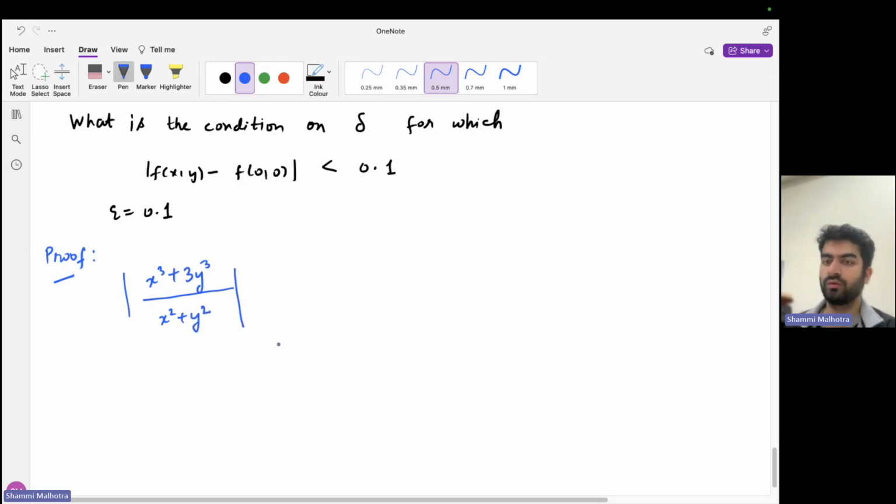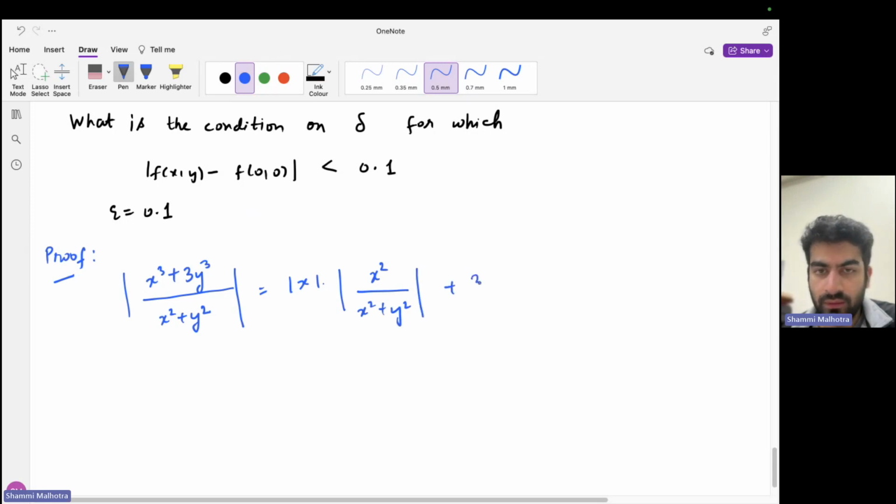We would like to bound this ratio with respect to distance. So this can be written as, if you observe, |x| times (x square plus y square) plus thrice |y| times (x square plus y square), all divided by (x square plus y square). We are using the triangle inequality here, so I can write this as less than or equal to that, and this is coming from the triangle inequality.